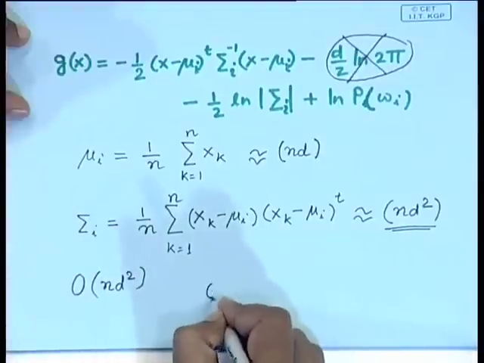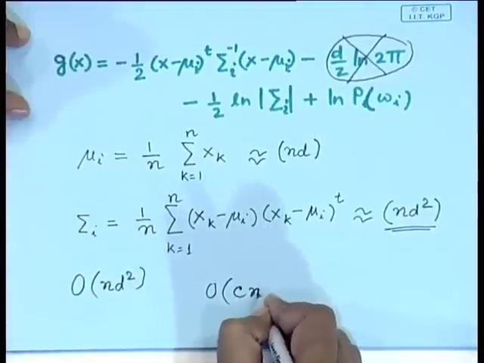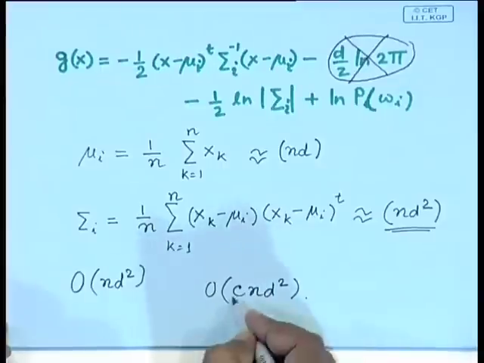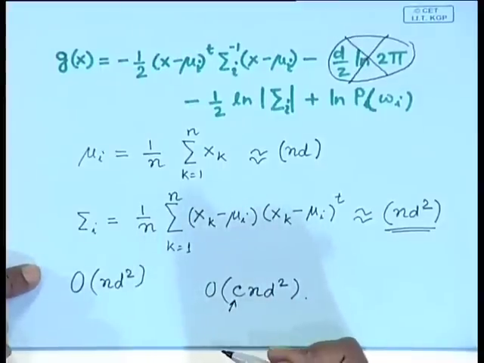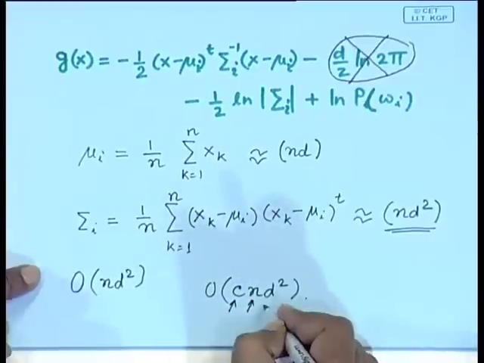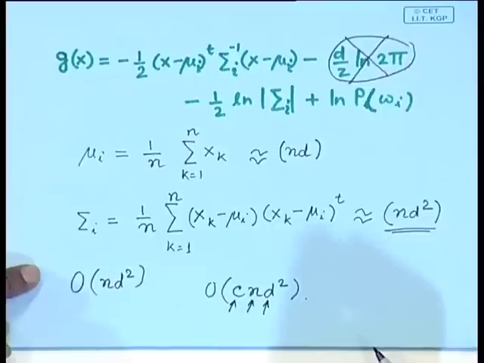For every class, I have a computational complexity of n into d square, so for C classes, the total computational complexity will be of order C into n into d square. Here you find that the computational complexity is linear in terms of C, the number of classes, linear in terms of n, the number of samples in the class, but quadratic in terms of the dimensionality.